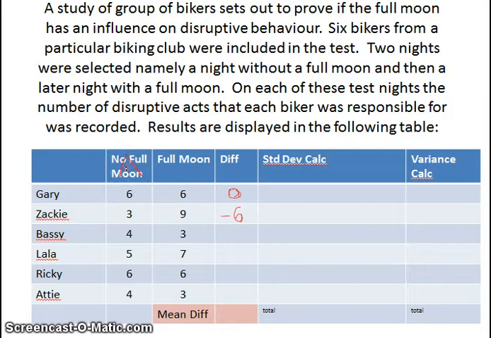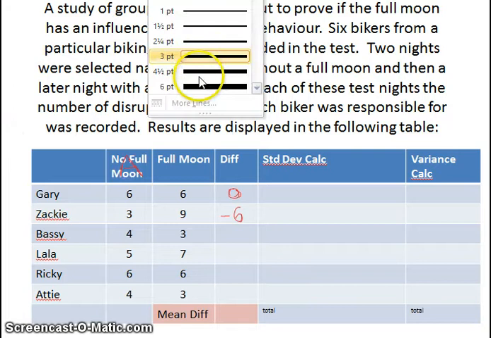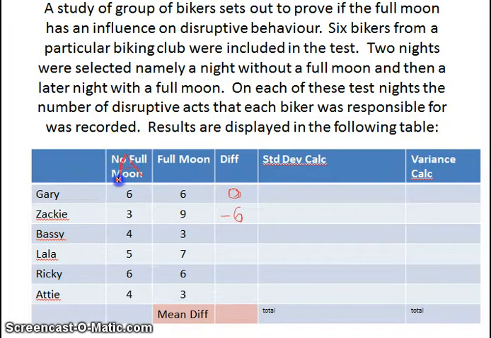That would be situation A. In fact, let me make that pen a bit thicker. This would be situation A. And this would be situation B. Let's call it factors: factor A and factor B.